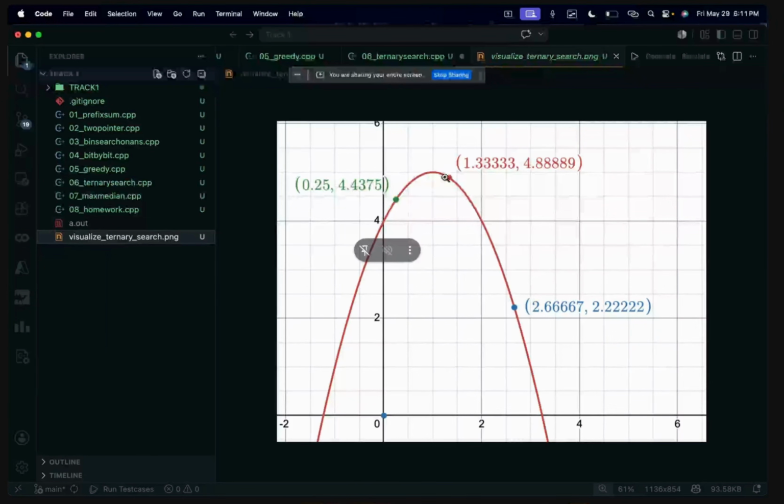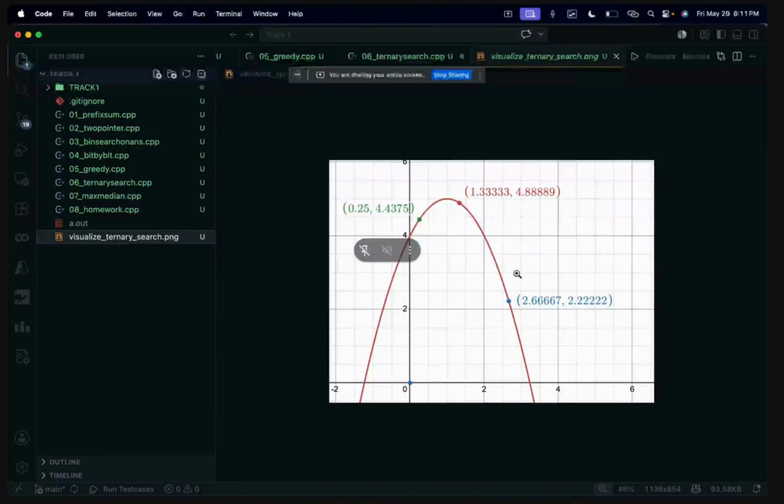But while evaluating f of M1 and f of M2, we do not know which of these points it is. But we know for sure that this blue dot lies in the decreasing portion of the parabola. That is, if f of M1 is greater than f of M2, it must be such that M2 belongs to the decreasing portion of the parabola. So since it belongs to the decreasing portion of the parabola, we can eliminate the range M2 to R. Does that make sense?